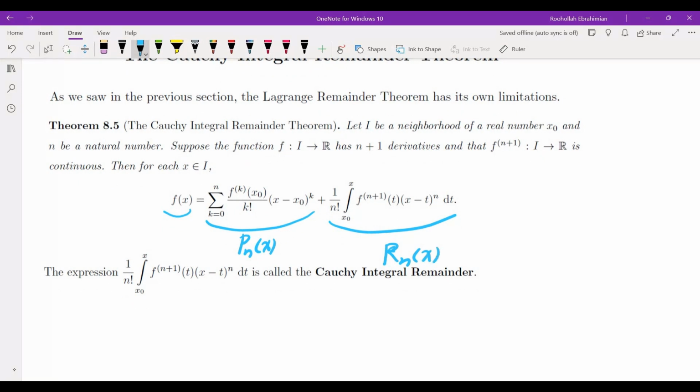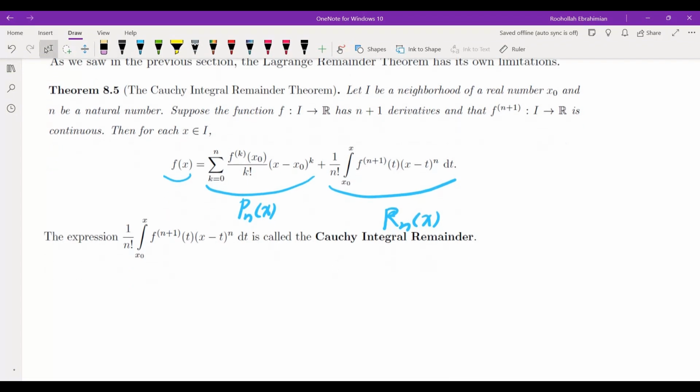Rather than saying there is some c that satisfies a certain condition, it gives us a more explicit formula: 1 over n factorial times the integral from x0 to x of f^(n+1)(t) times (x minus t) to the power of n. This expression is called the Cauchy integral remainder.